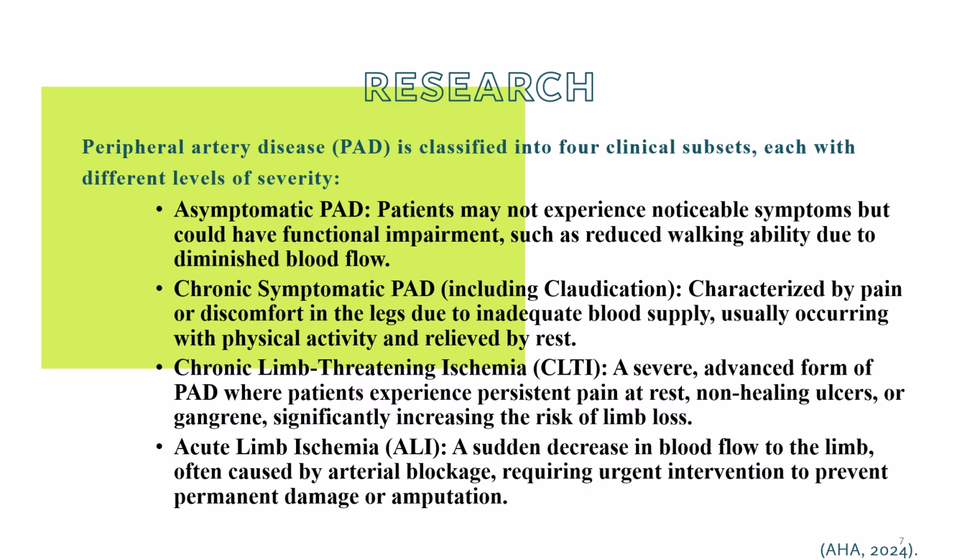Chronic limb-threatening ischemia, which is a severe advanced form of PAD where patients experience persistent pain at rest, non-healing ulcers or gangrene, specifically increasing the risk of limb loss. Acute limb ischemia, a sudden decrease in blood flow to the limb, often caused by arterial blockage, requiring urgent intervention to prevent permanent damage or amputation.